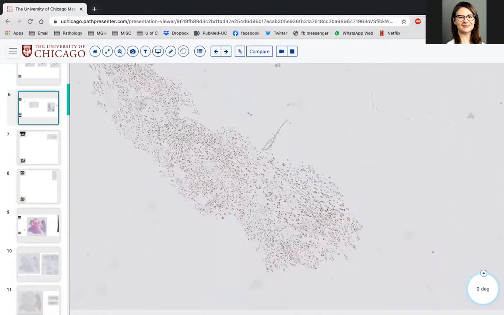So I'm just going to type it in the chat. EWSR1 ATF1 is present in the clear cell carcinoma, and EWSR1 other is present in the clear cell myoepithelial carcinoma. Okay. All right.